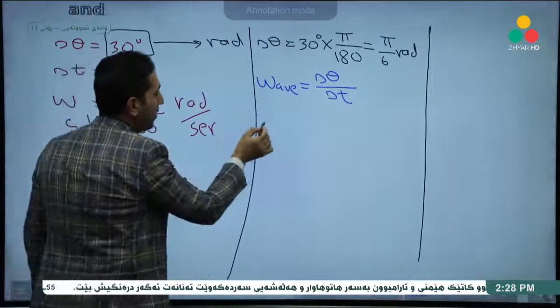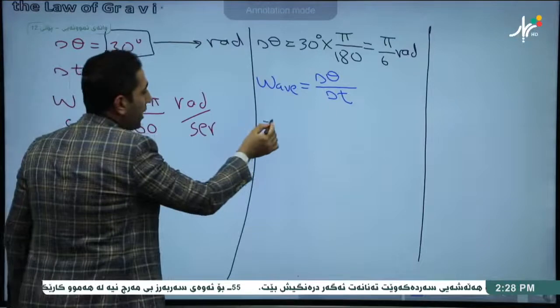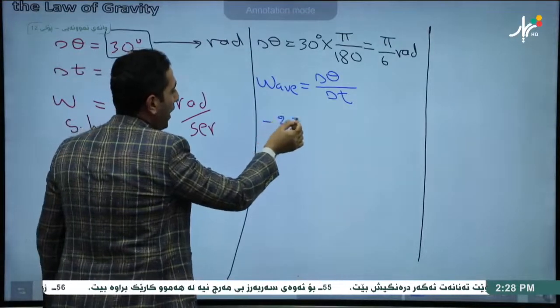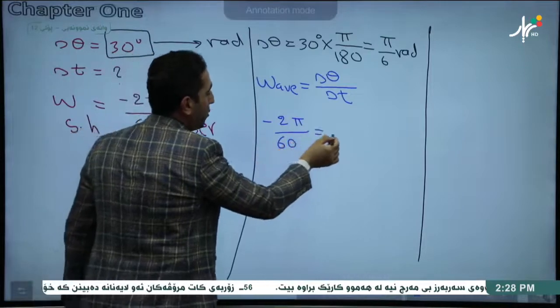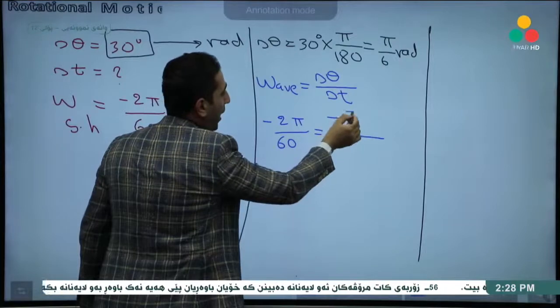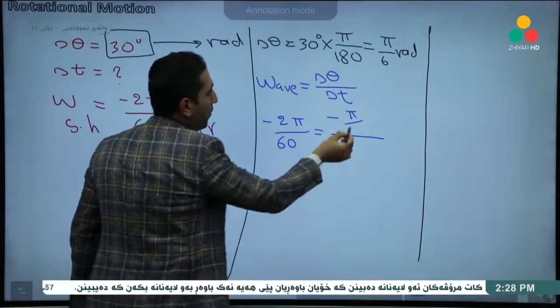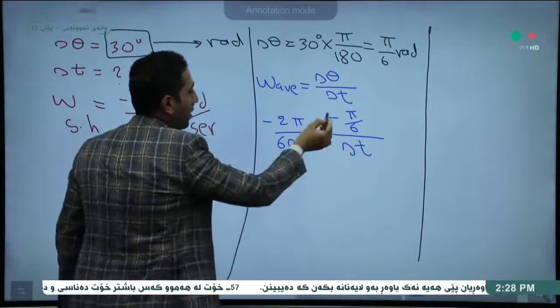Omega average we have, and you know that, is equal to negative 2 pi over 60, which is equal to delta theta, negative pi over 6, over delta t.